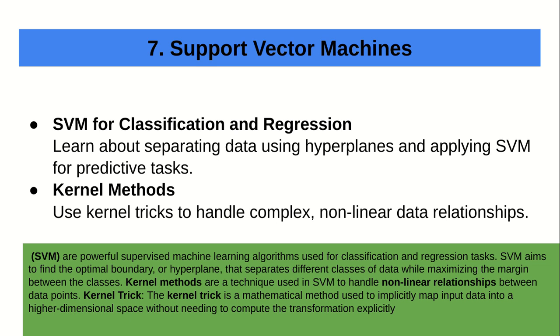The next part is the use of kernel tricks to handle complex nonlinear data relationships. Kernel methods are techniques used in SVM to handle nonlinear relationships. When you're trying to train a model in an SVM, if the data is linear, it just trains.